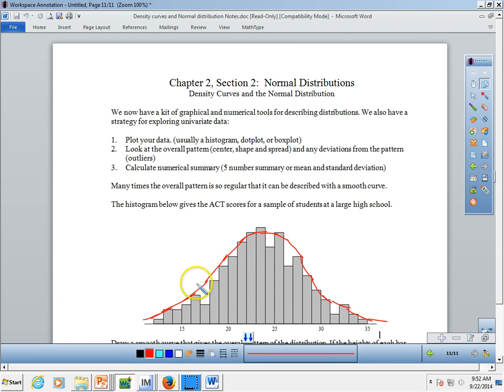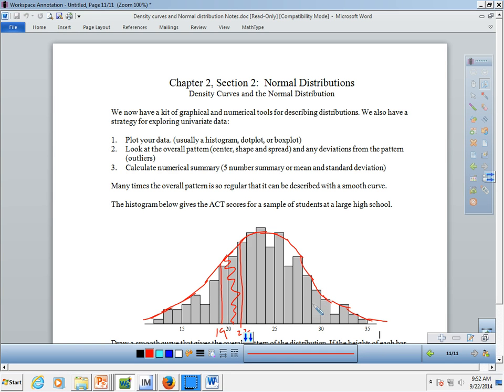The proportion of individuals under the entire curve is 100%, so the area is 1. If we want to know what proportion of individuals are in certain intervals, say who scored from a 19 to a 22 on the ACT, then you'd have to find the area under that curve.